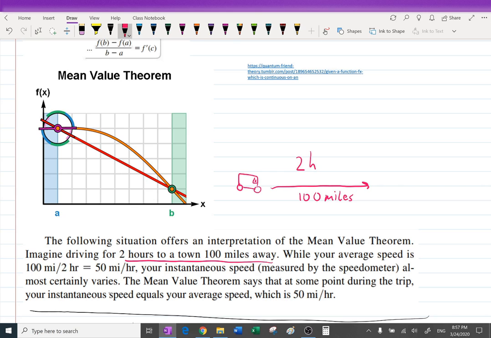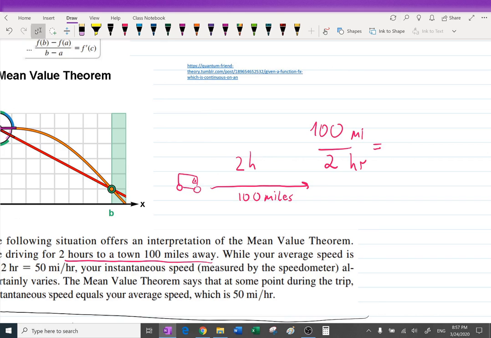Then the friend asks me, oh, so, don't speed, please. I don't want you to get a ticket. What's your average speed? Because the speed limit is 75 miles per hour in our neighborhood. Then you will say, okay, the average will be, I will take the distance I need to go, miles, divided by the time I plan to drive, hours, and 100 miles over 2 hours gives you 50 miles per hour.